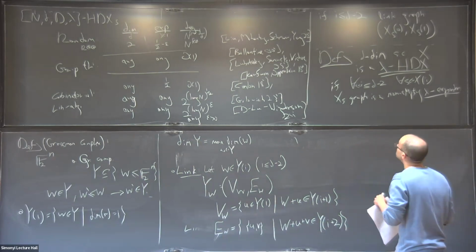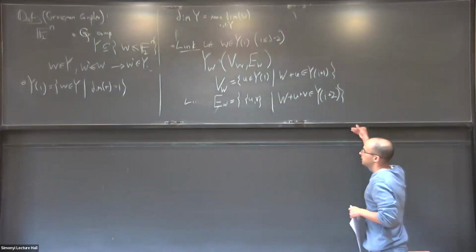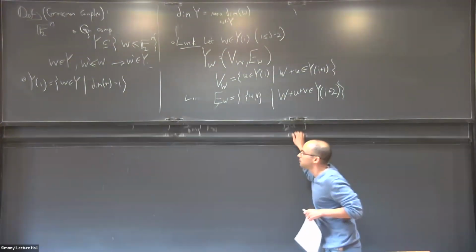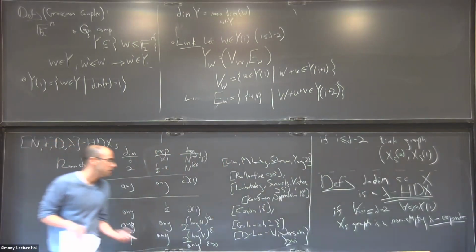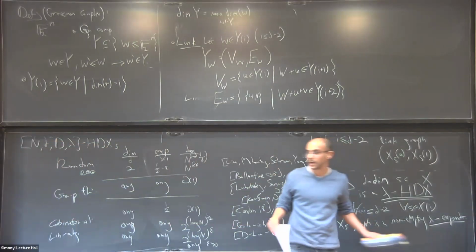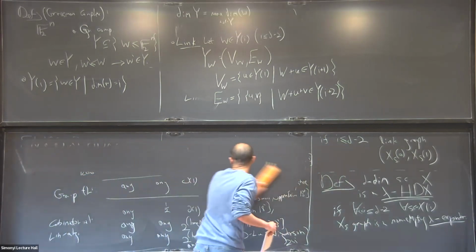So I will give an example in just 1 second, but let me just spell out the definition of a Grassmann HDX, which is just going to require that all these things expand.